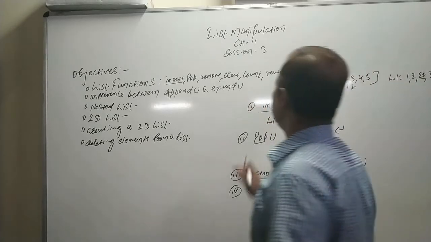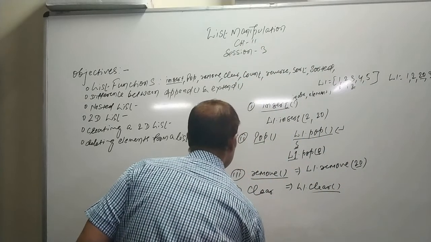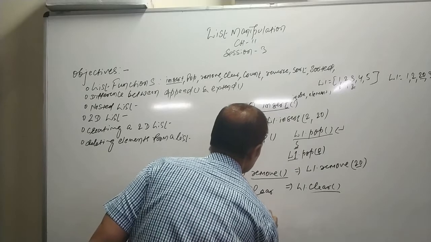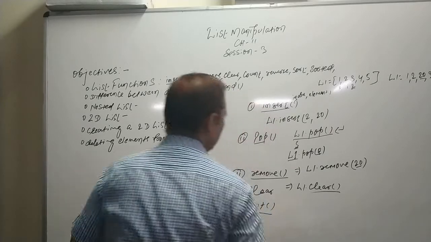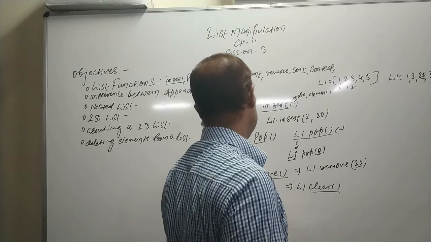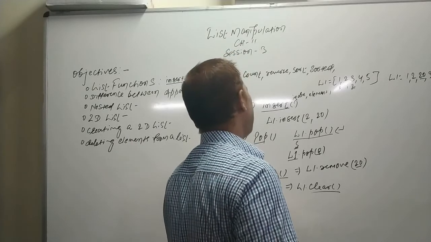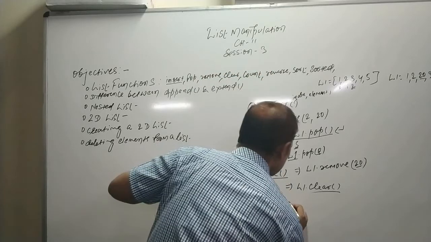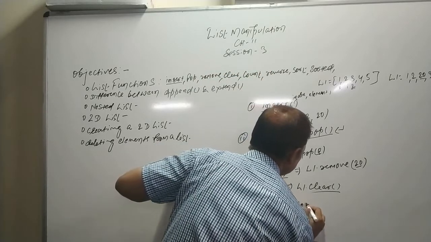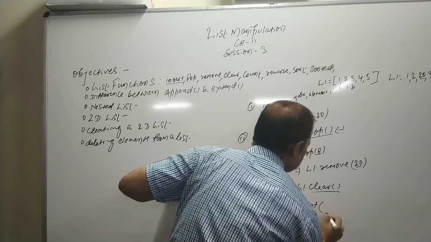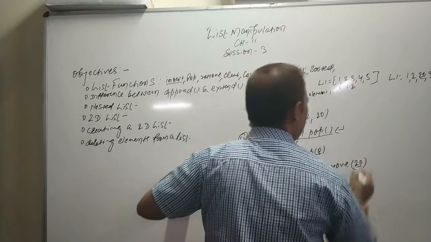Now the next function is count. So the fifth function of today is count. The count method simply counts the number of occurrences, or the number of availability, of a particular element in a list. So you can use L1 dot count, and inside the bracket you will say a particular element.